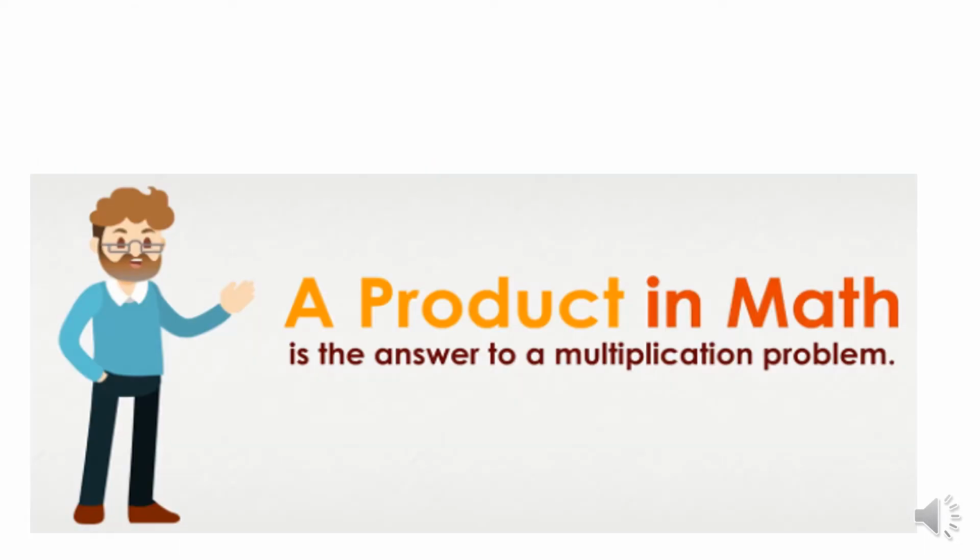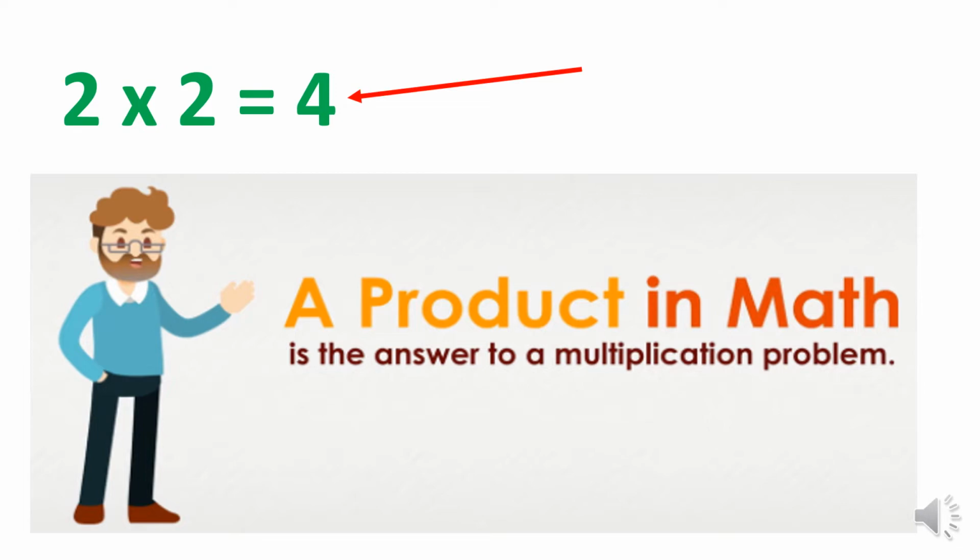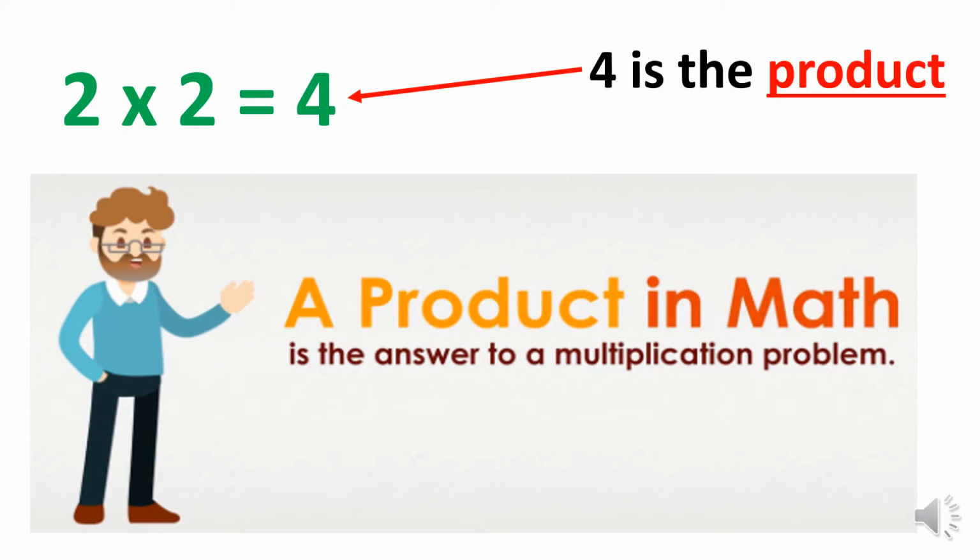Product. Now, a product in maths is the answer to a multiplication problem. So in my number sentence here, 2 times 2 equals 4. 4 is the product, because remember, a product is the answer to a multiplication problem.